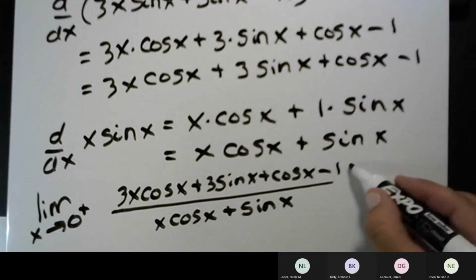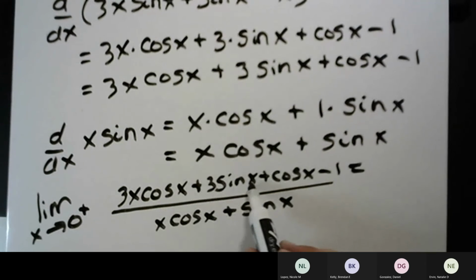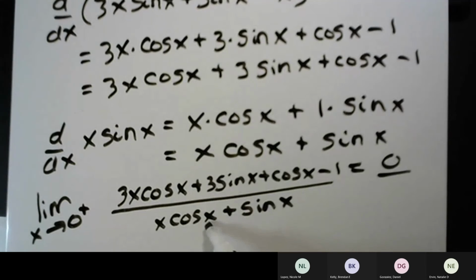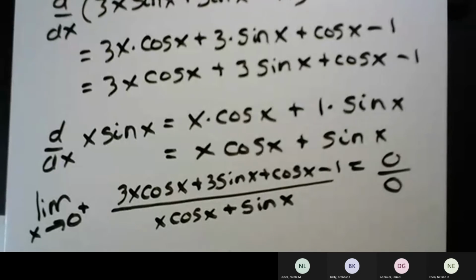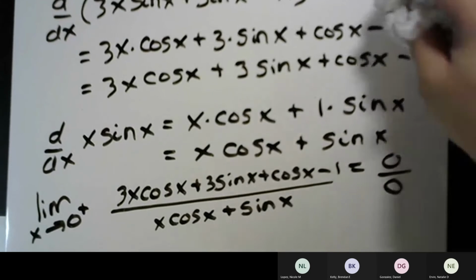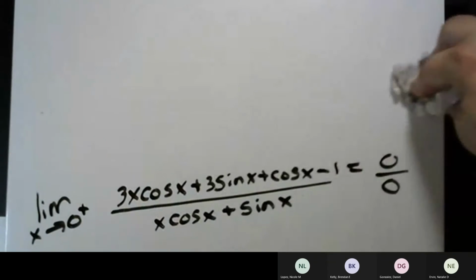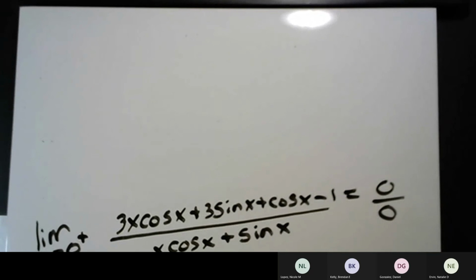What we end up getting is 0 times 1, which is 0, plus 0, plus 1 minus 1 is, oh dear, 0. Then 0 times 1 is 0, plus 0. We get 0 over 0 again. So we've got to apply L'Hopital's rule one more time. Hopefully just one more time. We'll find out. So let's take a look here. We're going to take the derivative of that numerator.